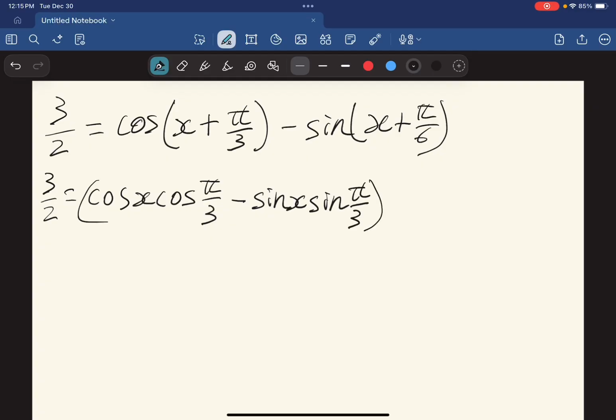Put all that in parentheses, and we'll subtract sine of x cosine of pi over 6 plus cosine of x sine of pi over 6. That looks really scary and intimidating, but it's really not, because we can simplify these.